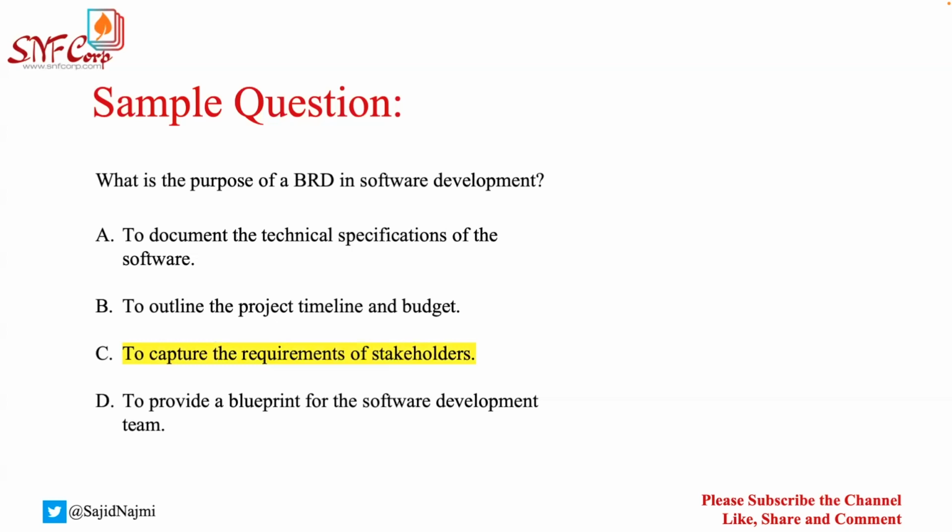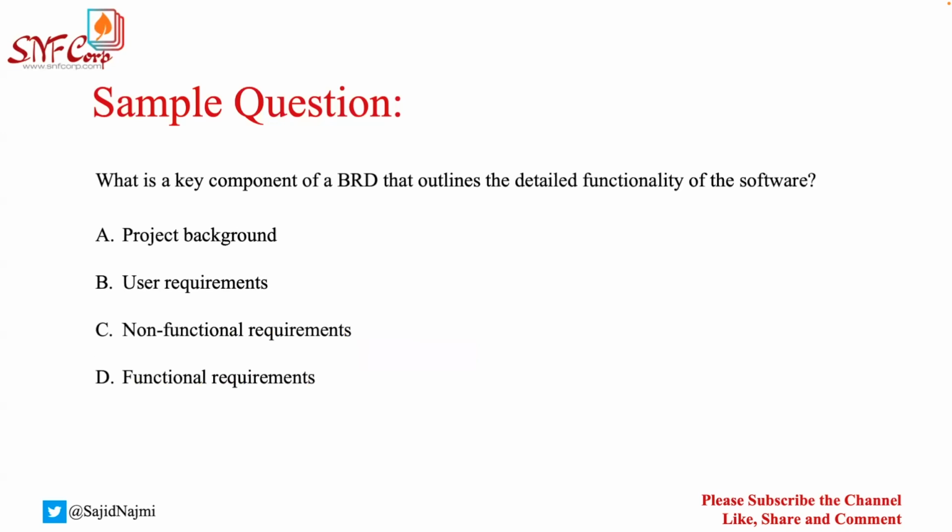Timeline and budget is a separate document that comes based on this document. And this document may not have all those technical expectations and specifications. As I said, this will be for the business. This will be written in business language. So technical specification might be there, might not be there. That depends on whether your organization has an SRS or not. But definitely answer C is correct, to capture the requirements of the stakeholders.